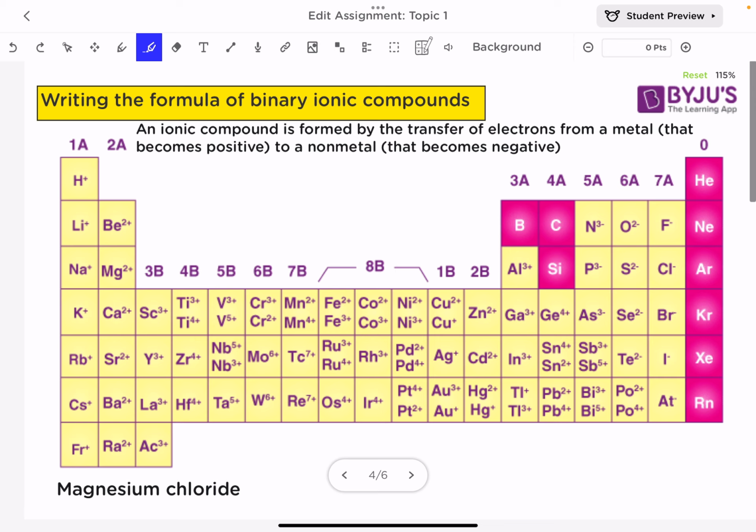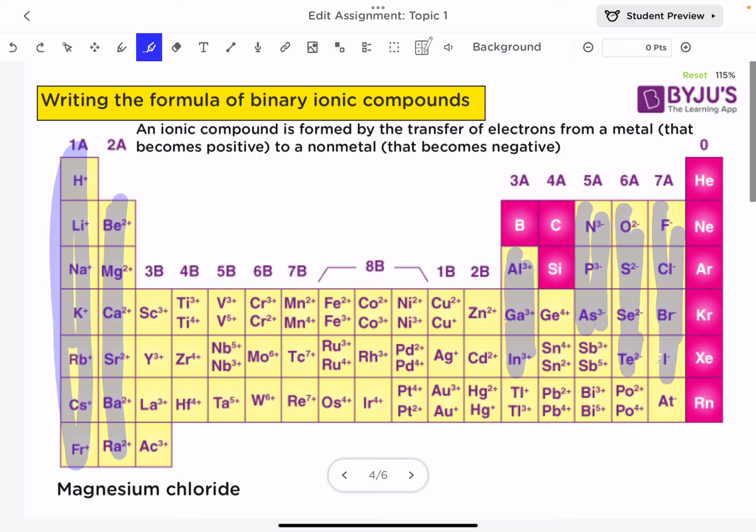Now, whenever you have an ionic compound, you need to locate the element group in order to know the charge of each element. There are some groups having fixed charges, like elements of group 1, +1, and group 2, +2. Elements of group 13 have a +3 charge, and elements of group 15, -3, 16, -2, and 17, -1.